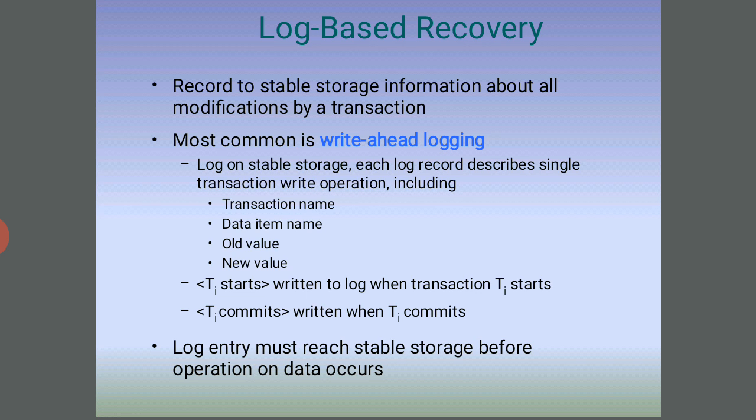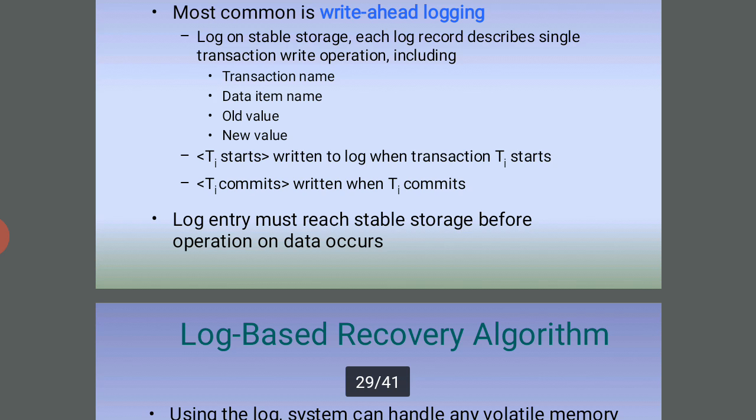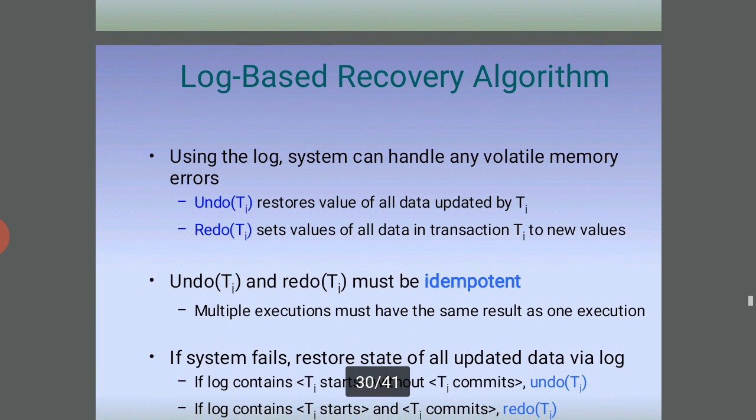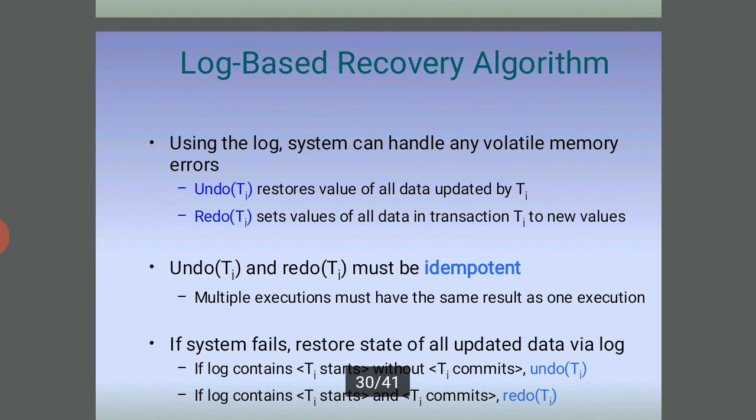So when transaction T1 starts, write T1 starts to the log. When T1 commits, write T1 commits. The log entry must reach stable storage before the operation on data occurs. Using the log, the recovery algorithms let the system handle any volatile memory errors.